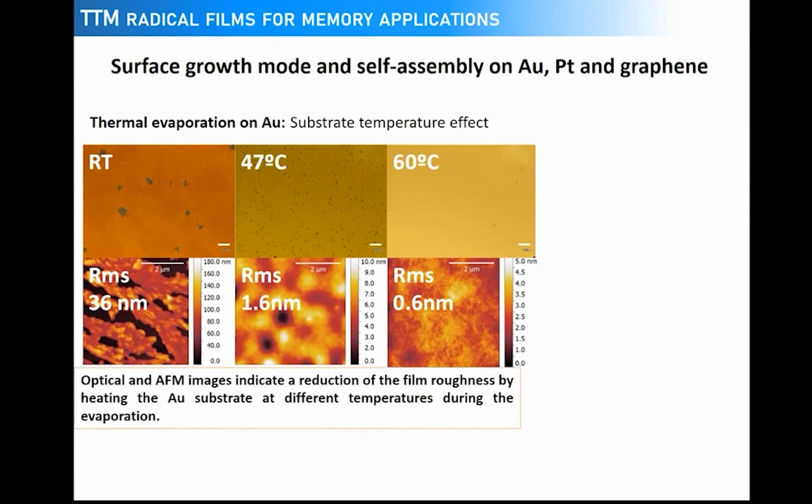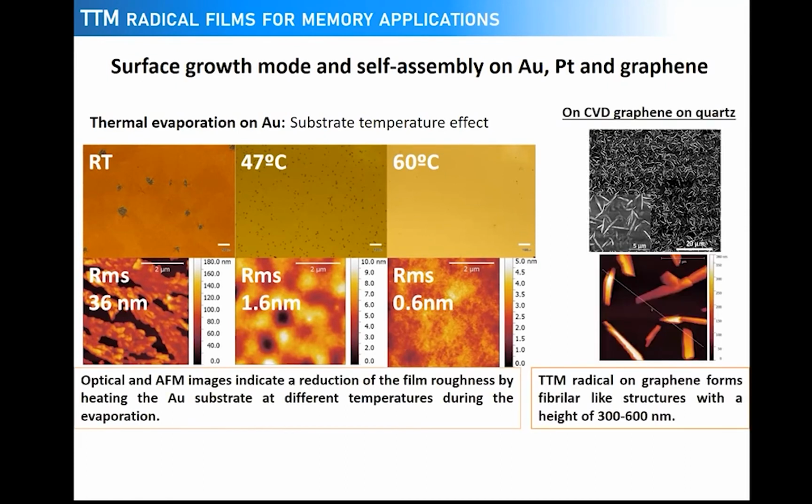And this is an AFM image of the substrate, in which the roughness is very low. Completely different is what we observed with graphene: when we evaporated this TTM radical on graphene, transferred on quartz, we saw these fibrillar-like structures, evidencing that in this case, when the TTM is evaporated on this type of substrate, the molecule-molecule interaction prevails compared with the molecule-substrate interaction.